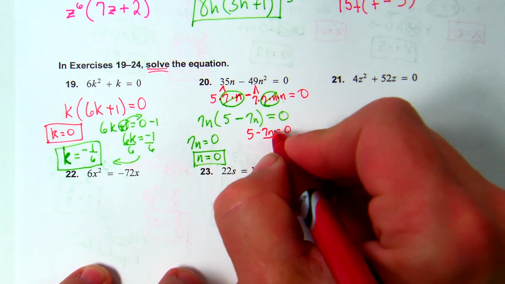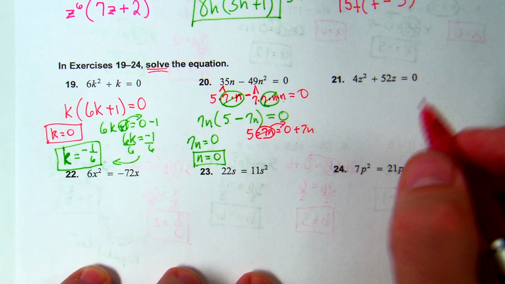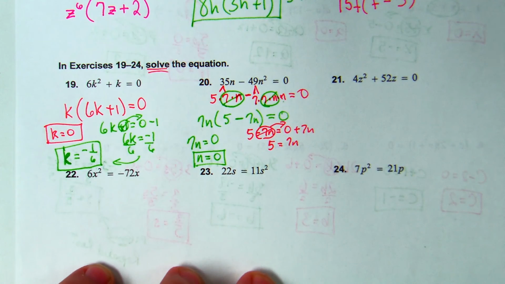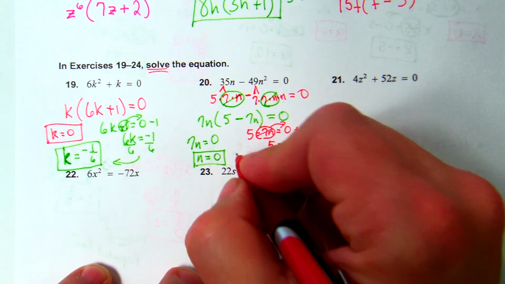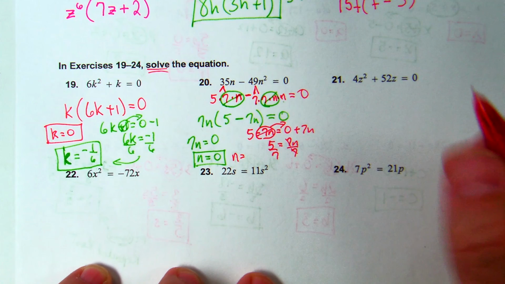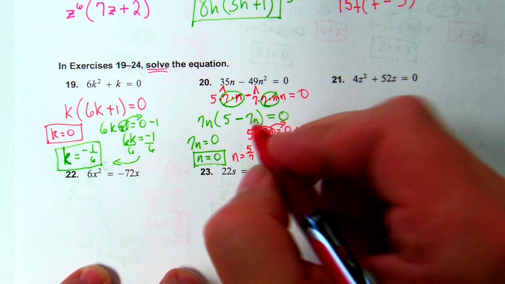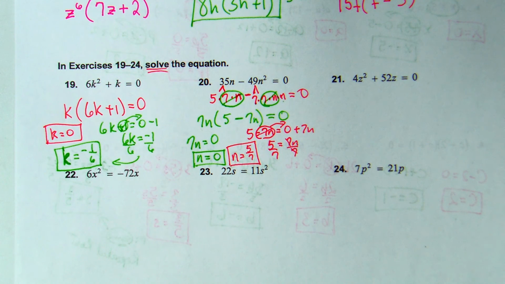I can move the 7n across. That makes it positive. And so then I have 7n equal to 5. I divide by 7, and n is going to equal 5 over 7, and that would be my 2 roots for number 20.